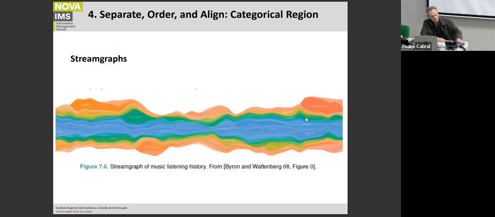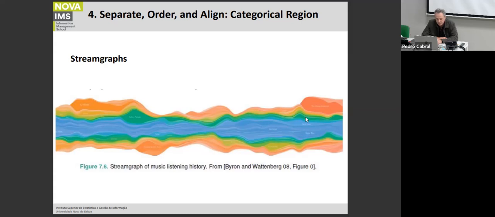This is also something that is more interesting in aesthetical aspects, so it's not very accurate. Sometimes we see these kinds of charts in which the aesthetics are privileged over the function or over the accuracy. That really depends also on your objective.